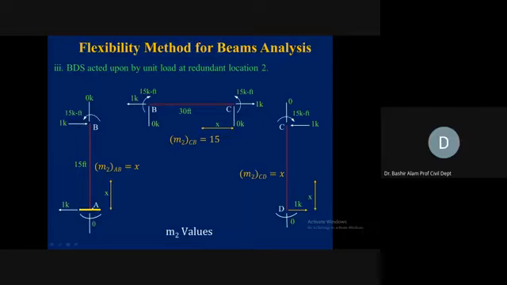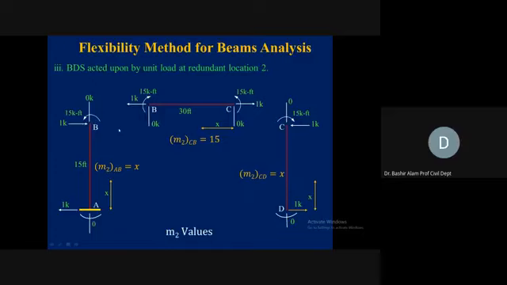We cannot balance this here because from equilibrium we found this moment is equal to 0. But this is a rigid joint and it can resist the moment. So this 1 times 15 was causing a couple of 15 kip-feet in the clockwise direction. It must be resisted by 15 kip-feet in the counterclockwise direction. This is how this 15 kip-feet is coming.